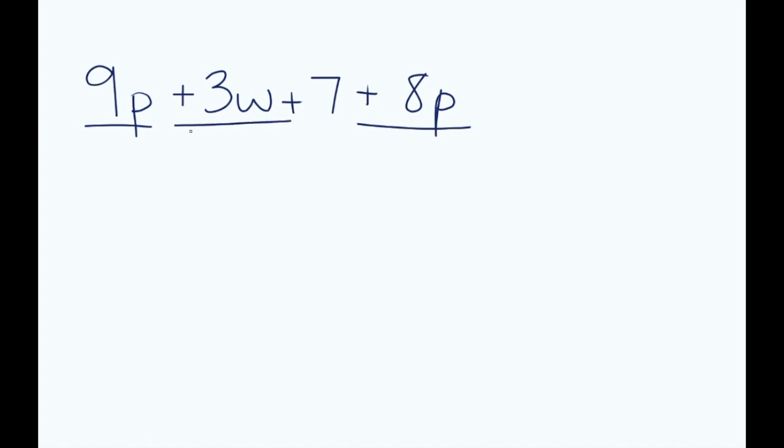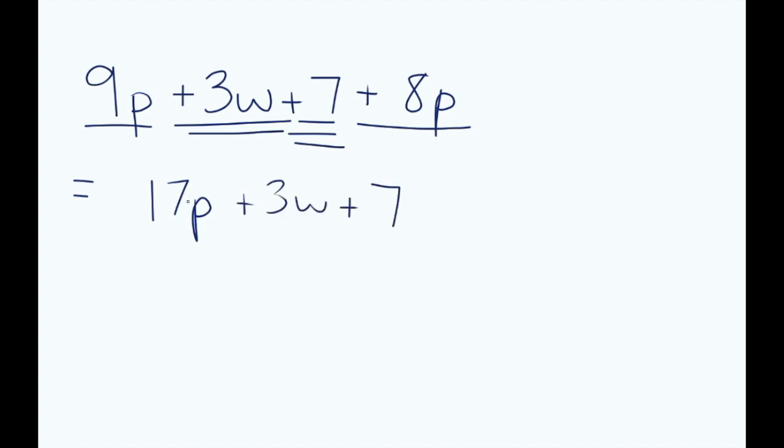I'm going to underline plus 3w with 2 underlines, and the plus 7, because it's different from 3w, with 3 underlines. And I'm going to combine what can be combined here. That's 9p and 8p, so that's going to be 17p plus 3w plus 7. And that is my final answer. I can't go any further with that.